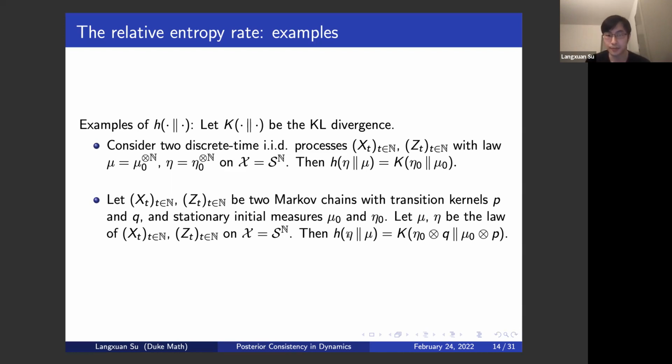Then if you want to measure the divergence of eta with respect to mu, it becomes the KL divergence of eta 0 product with Q, which is just you start with eta 0 as your initial distribution, and then you take a step with respect to the transition kernel, which gives you a measure on S product S, and then you consider the relative entropy of this measure with respect to the measure mu0 product with P. Because for Markov chains the dynamics are captured by initial measures and transition kernels, you can see that this divergence actually captures the divergence of the dynamics between Markov chains in this case.